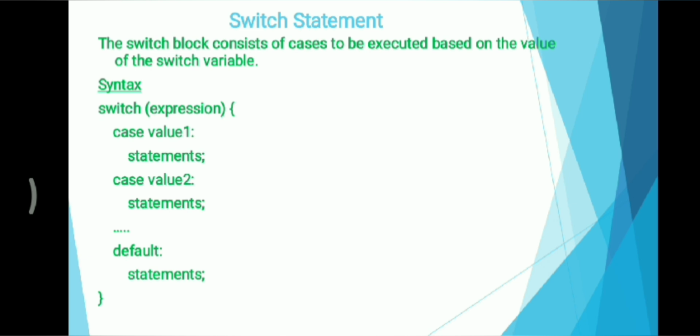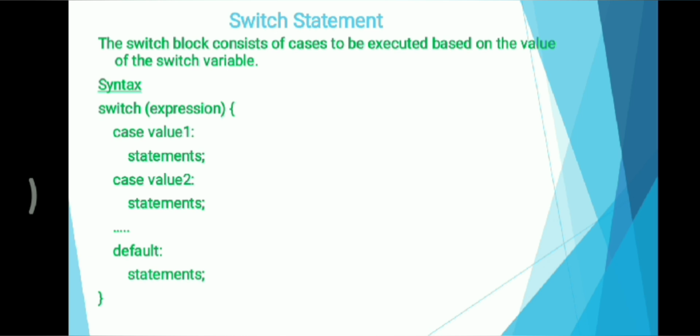Within this case we are having a set of statements. Again case is a keyword, the second value is given, at the end you have to give a colon, then a set of statements will be there. Likewise you can give any number of cases, and at last you can give the default statement. The default statement ends with a colon, and within it we can give a set of statements.